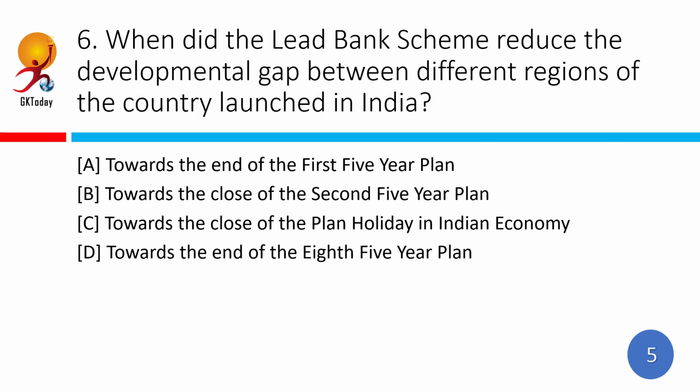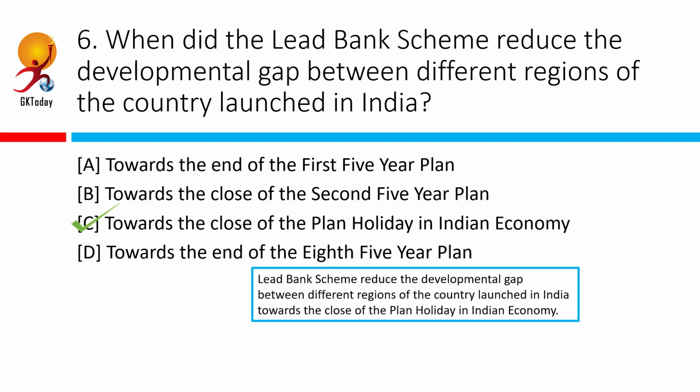When was the Lead Bank Scheme, to reduce the developmental gap between different regions of the country, launched in India? Correct answer is towards the close of the planned holiday in Indian economy.